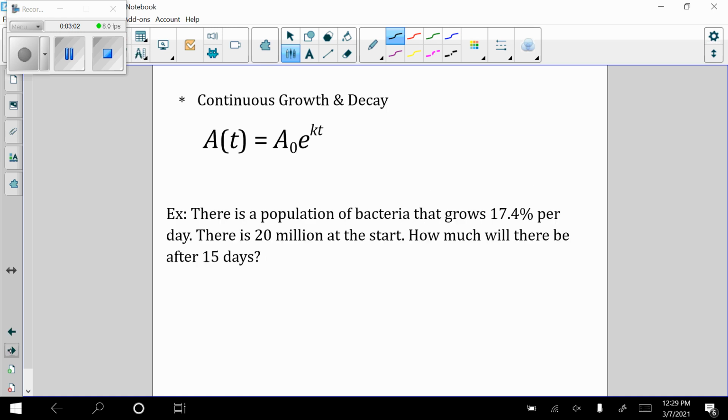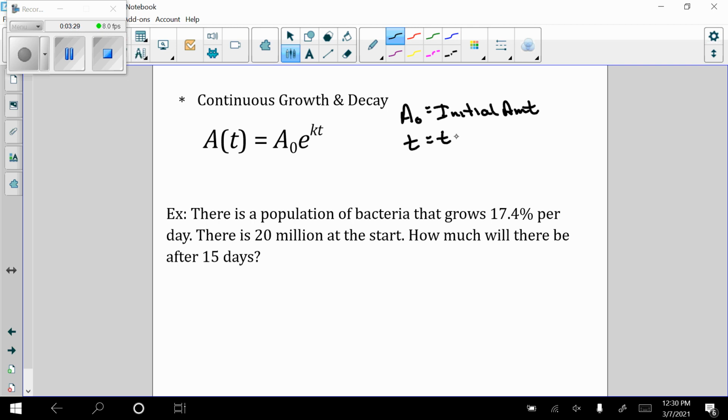Okay, so we're going to look at some applications of continuous growth and decay. So here's your basic formula. A, obviously, on the left side is your final amount at a certain time or after a certain amount of time. A sub 0 is your initial amount. T is obviously time.